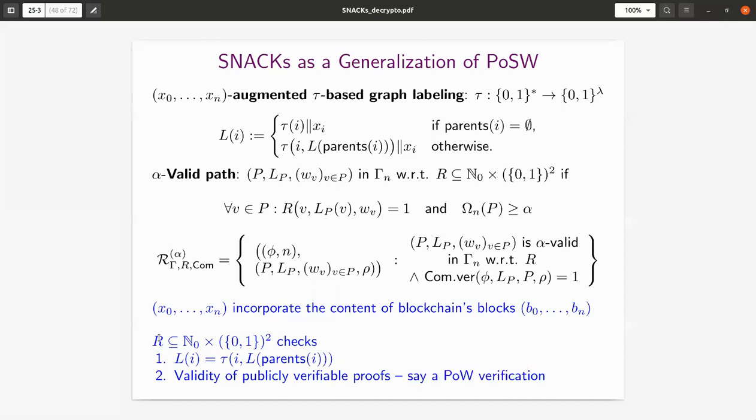So we need this relation to be able to check publicly verifiable proofs, as is the case in, say, proof of work. And if you have also proof of space and whatever publicly verifiable, you can also verify it using this relation R. And we use the exact same relation that I defined here. Okay, and the same notions apply.